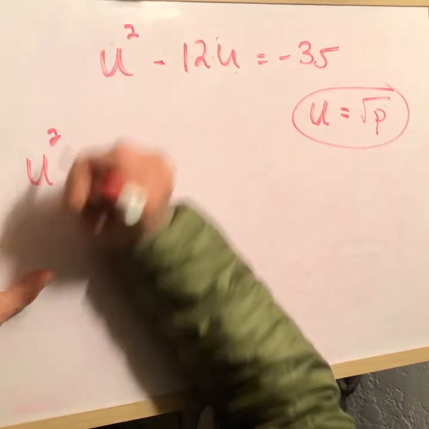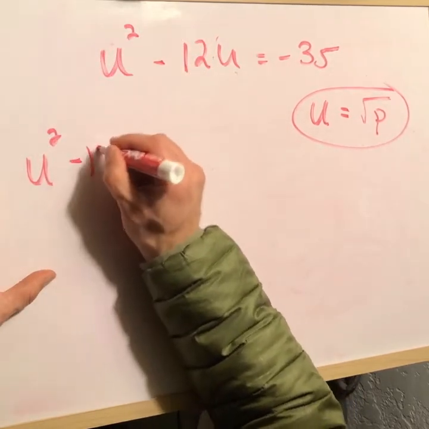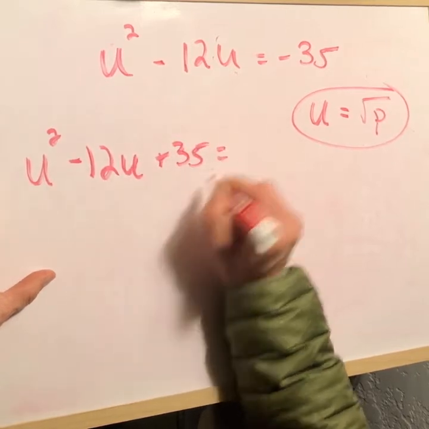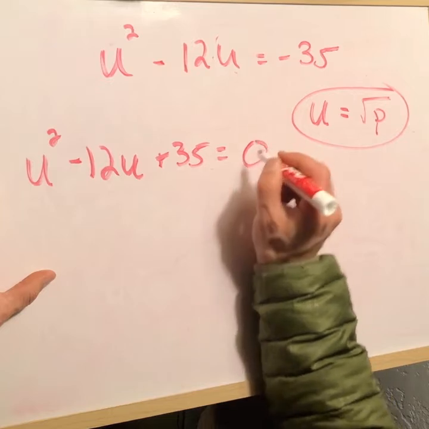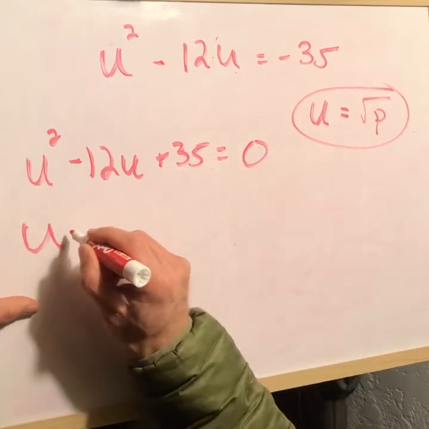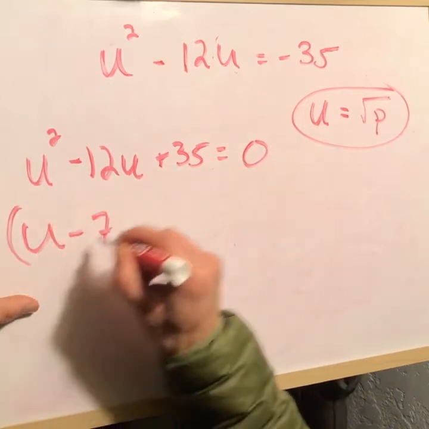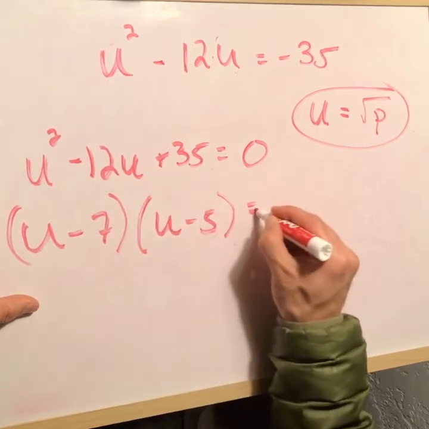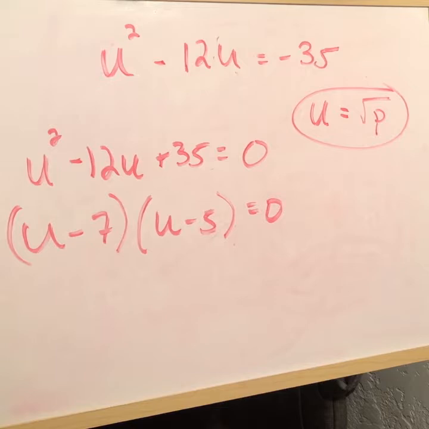This is u squared. U squared minus 12u plus 35 equals 0. So I have u minus 7 times u minus 5 equals 0. That should be pretty easy.